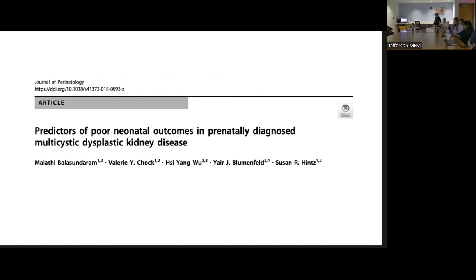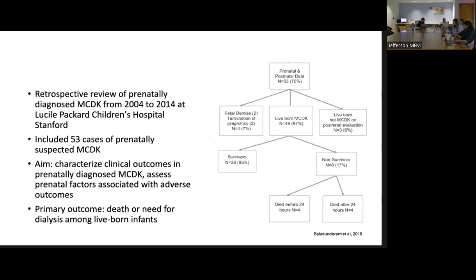We're going to review this article, Predictors of Poor Neonatal Outcomes in Prenatally Diagnosed Multicystic Dysplastic Kidney Disease, published in the Journal of Perinatology. It was a retrospective review of prenatally diagnosed MCDK for about a decade at Stanford Children's Hospital.